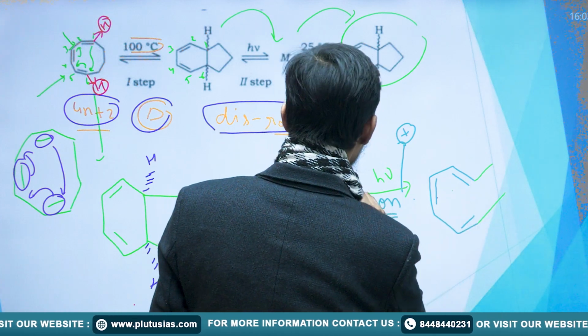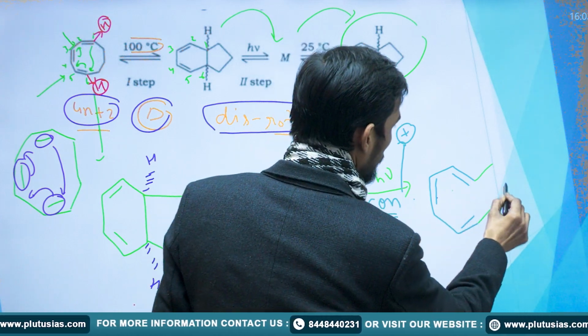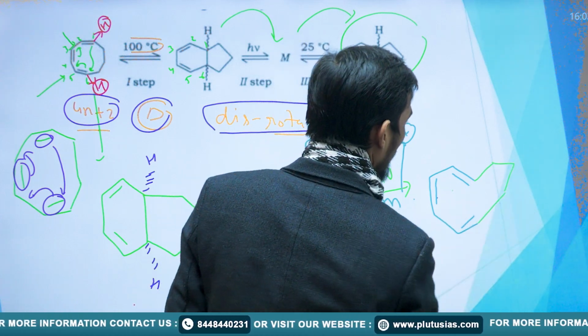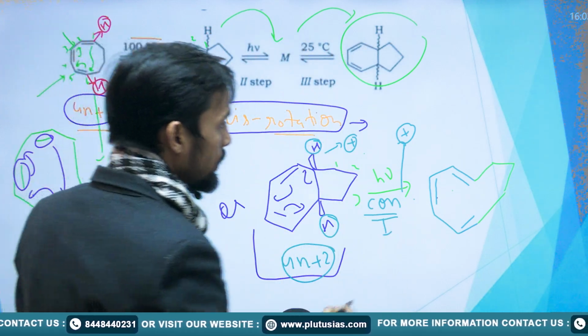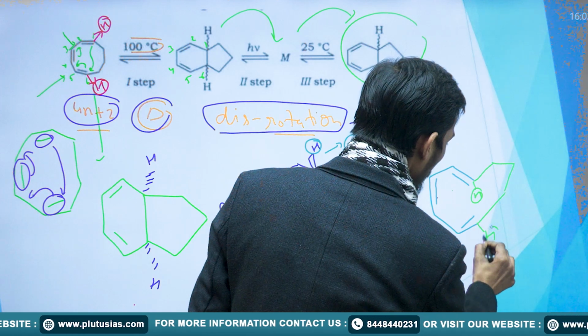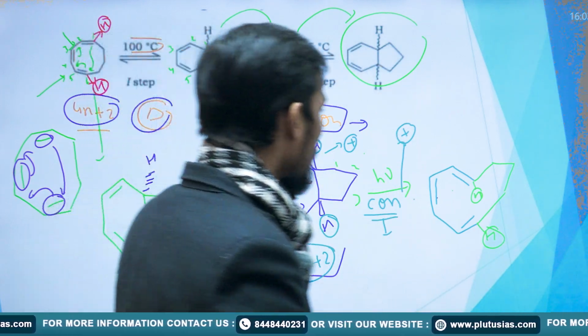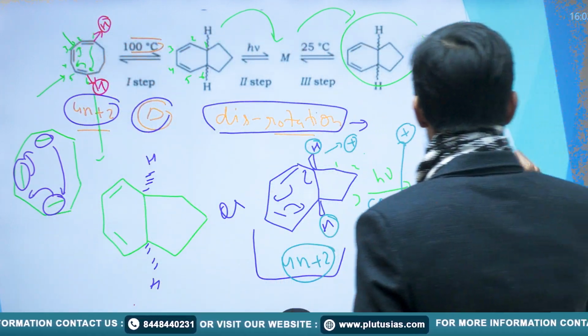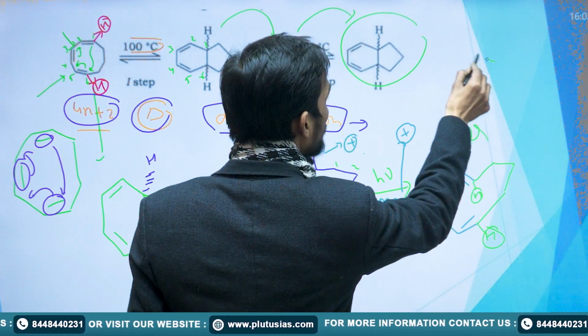1, 2, 1, 2, 3, like this. Clear or not? Which means if one hydrogen is below, then another hydrogen is also going to be below. Another way we can also draw this structure like this.